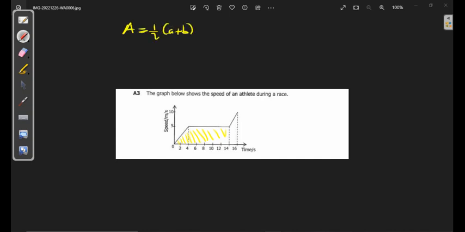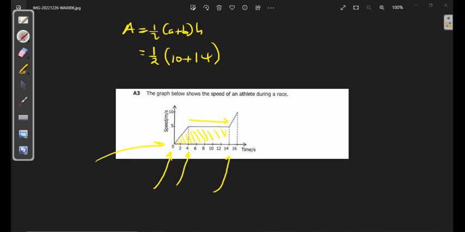In this case, a is the region on top, from 4 up to 14.